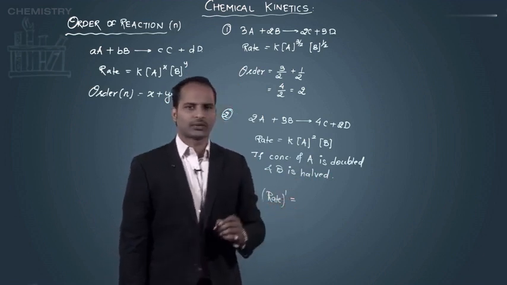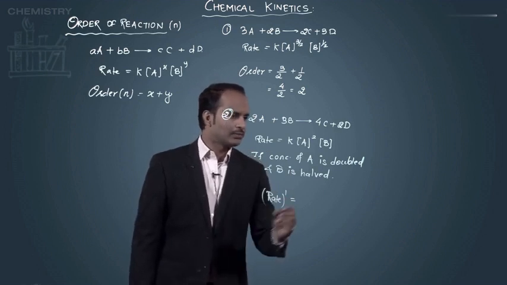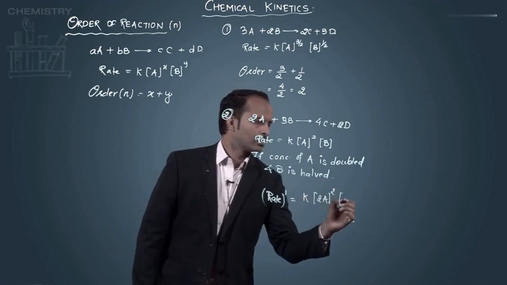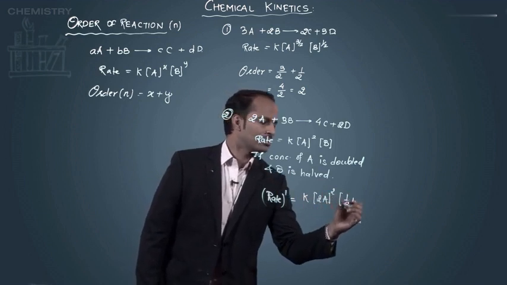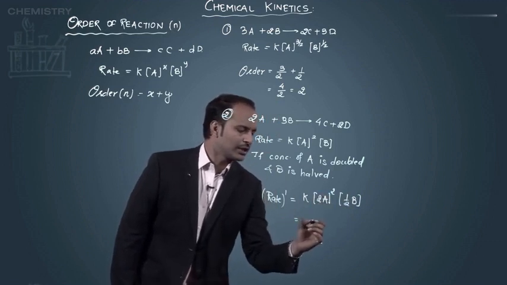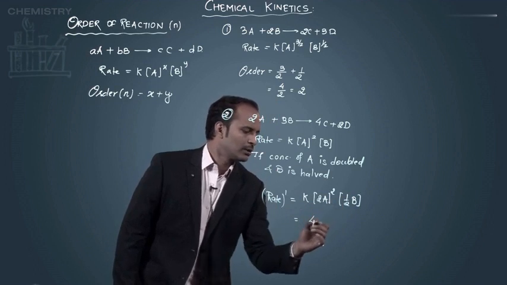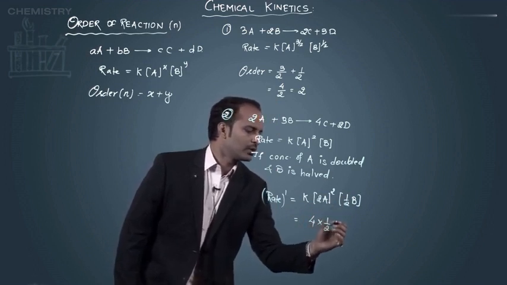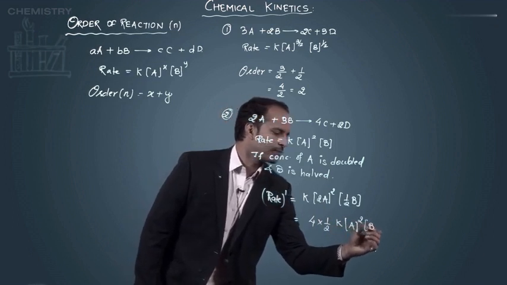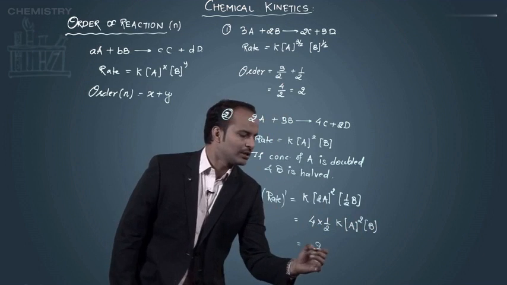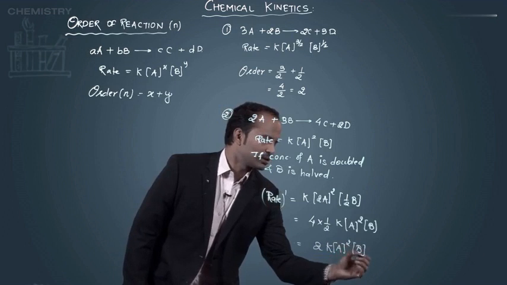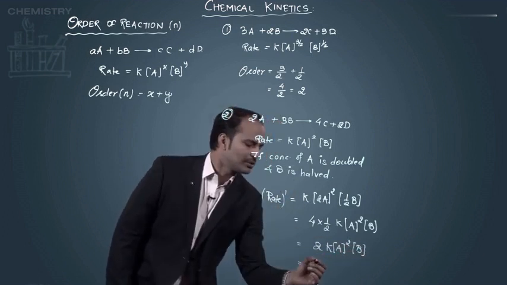So rate dash is equal to K into molar concentration of 2A whole square, and B is halved, so it is going to be half of B. Here 2 will come outside as a 4, and from here it will be 1 by 2, and the remaining things are K into molar concentration of A square into B. This will get cancelled, and ultimately I will get 2 into K into A square into B. That means K into A square into B is nothing but the initial rate.